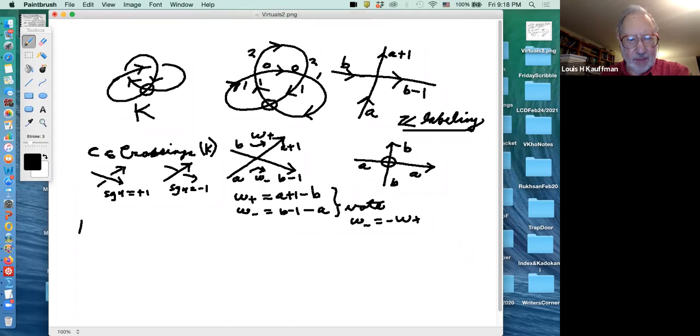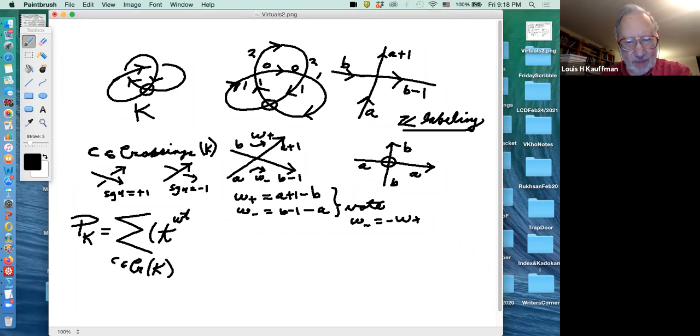And we define P_K to be equal to the sum over C belonging to the crossings of K of t to the weight of the crossing, which I haven't defined yet, minus 1, times the sign of the crossing.